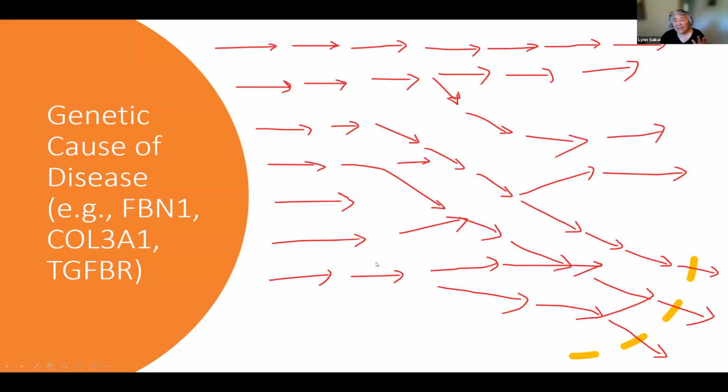And what we know, this is just biology, is that this genetic cause will lead to multiple different pathways. Way down here, this could be perhaps the TGF-beta signaling pathway, or this one up here could be the nitric oxide signaling pathway, or in the case of COL3A1, there could be effects on the protein kinase C pathway.